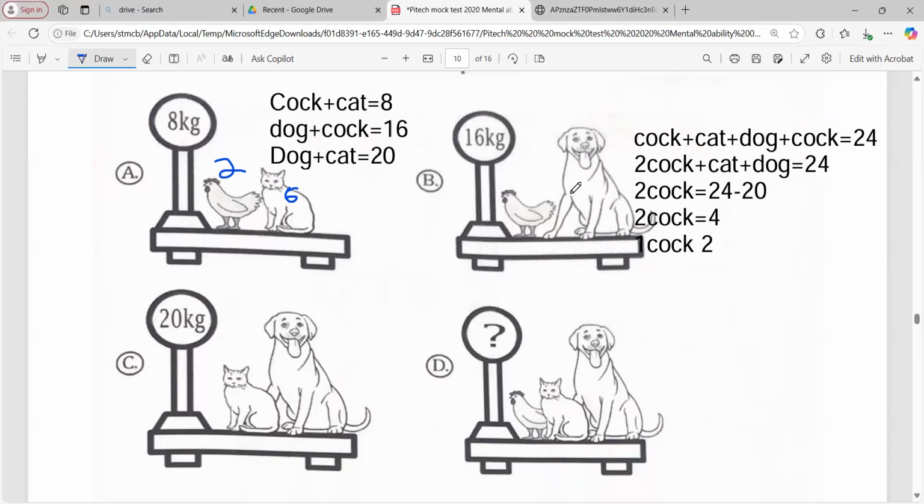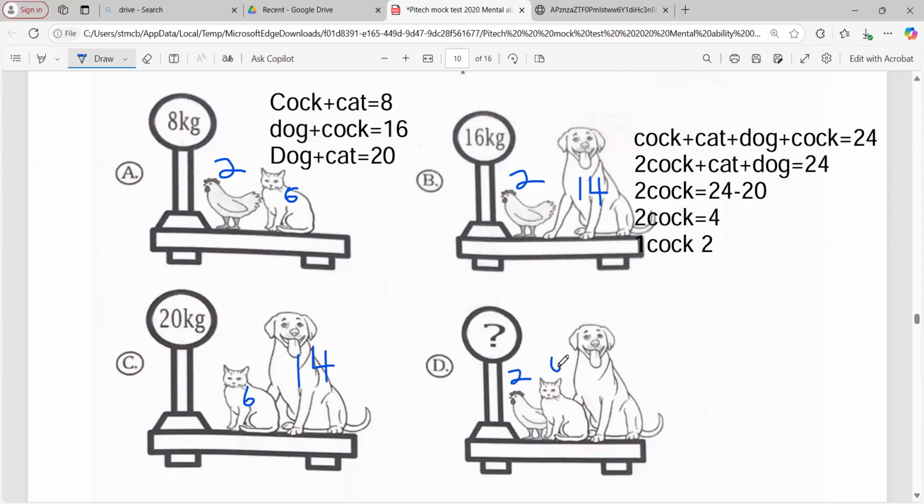I could test the theory first. If the cock is 2, it means the dog would be 16 minus 2, which is 14. We got the dog to be 14 and the cat to be 6, and that adds up to give you 20. So the total is 2 plus 6 plus 14, which is 22. So that's A, 22.